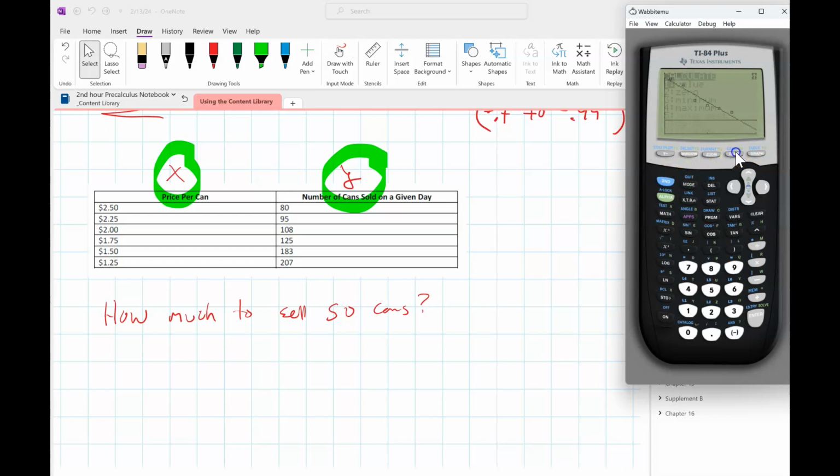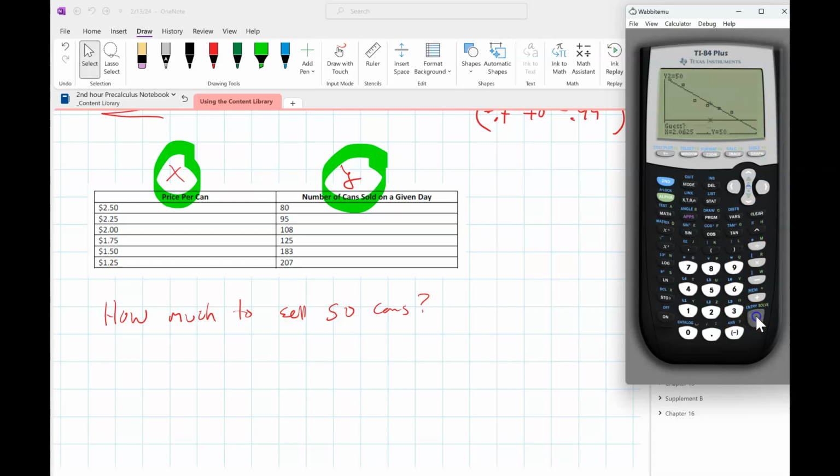Second, trace, intersect command. It asks me 3 questions: first curve, second curve, and guess. How many curves do I have graphed? Just 2. How many times do they intersect? Just once. So does any of this really matter?